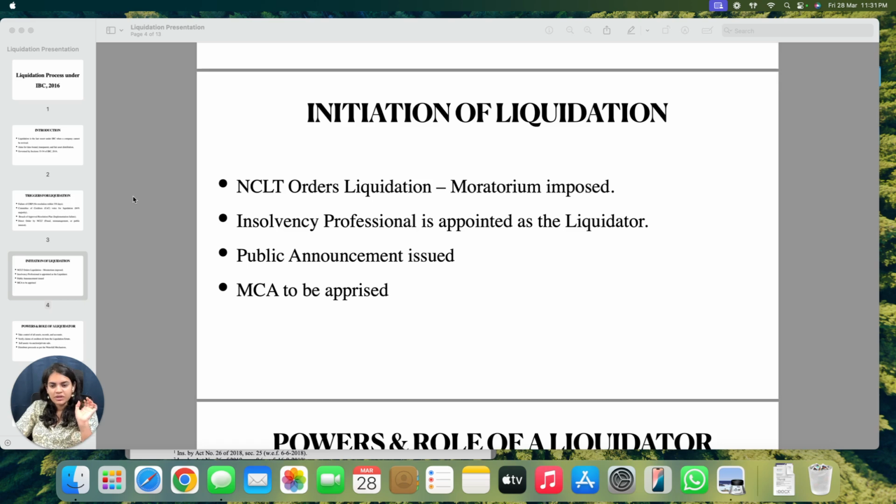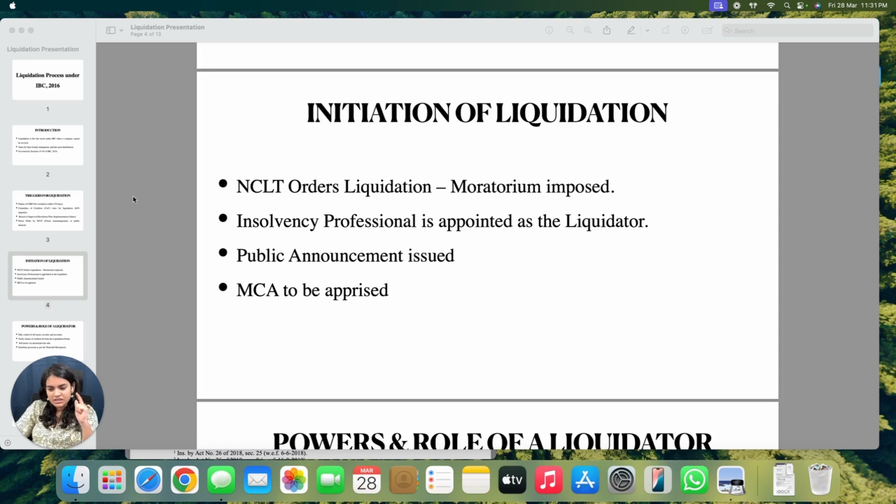And once the liquidation order is passed, the liquidator is also required to submit to the MCA, or if it's an LLP, to the concerned registrars, informing them that such liquidation proceedings are taking place against the corporate debtor.